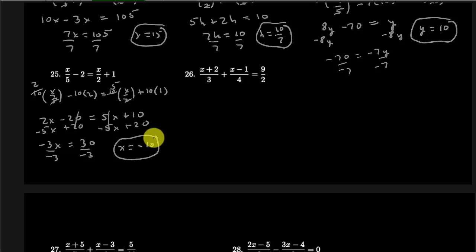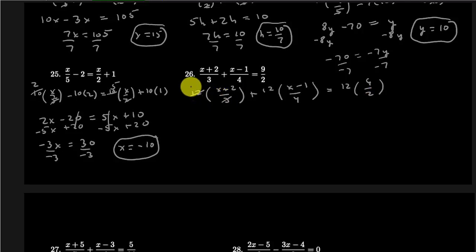Next problem, common denominator is 12. So I've got 12 times (x plus 2) over 3 plus 12 times (x minus 1) over 4 equals 12 times 9 over 2.